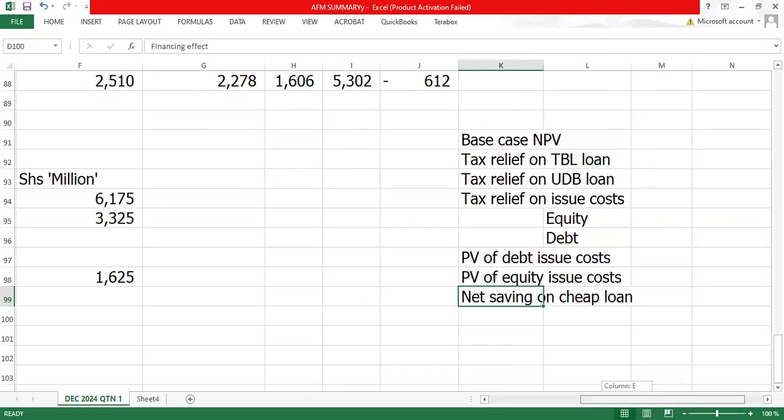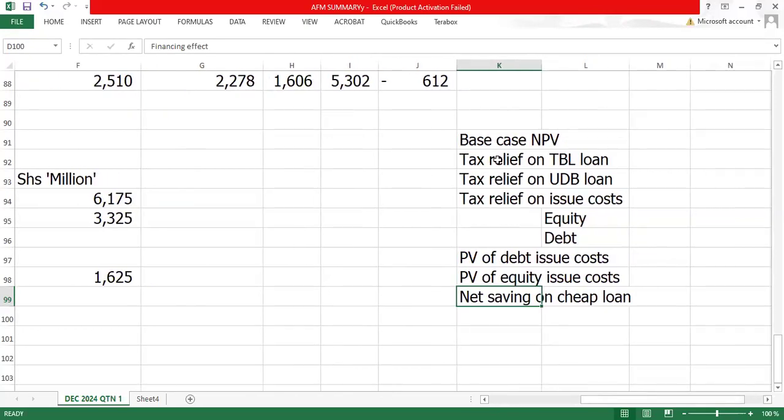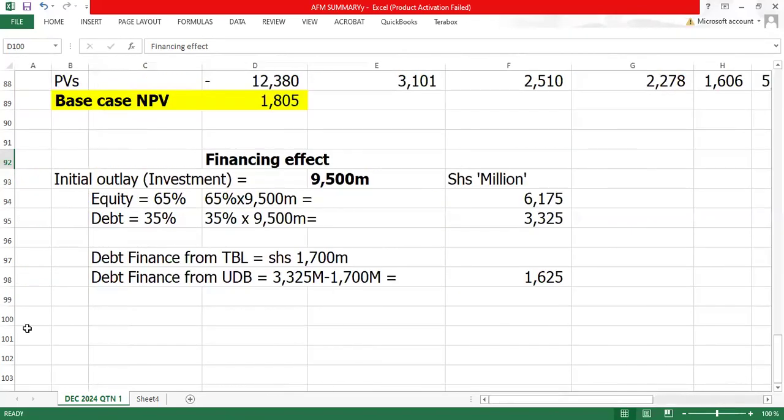How can we get the tax relief on this? Master the steps. We can start now with the one of TBL.